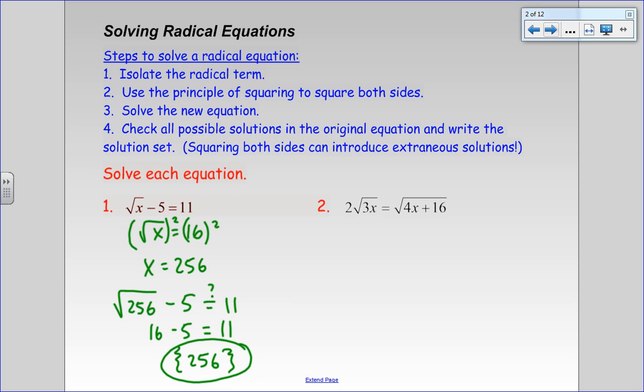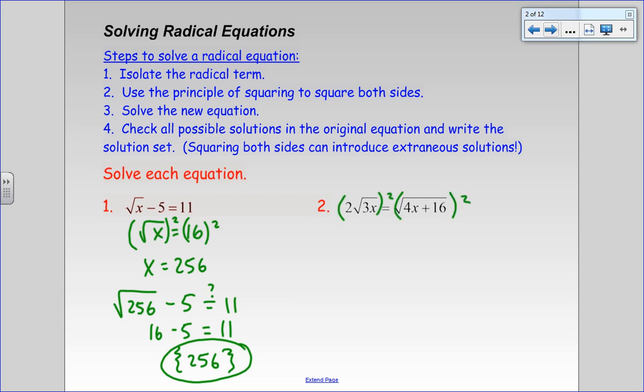Let's move to example number 2. 2 times the square root of 3x equals the square root of the quantity 4x plus 16. In this case, there are 2 radical terms, but each one is isolated on its own side of the equation, so we can move right to using the principle of squaring and square both sides.